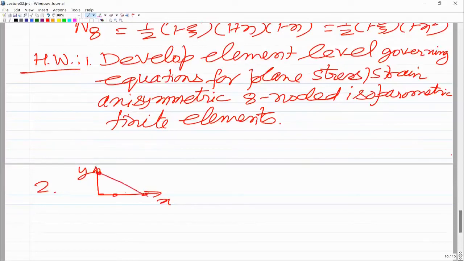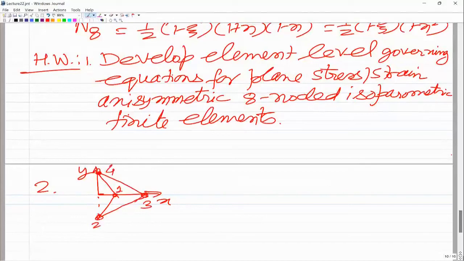So one node is here, one node is here, and the other side is here. So this is the element in the physical coordinate space. This is node 1, this is node 2, this is node 3, and this is node 4.